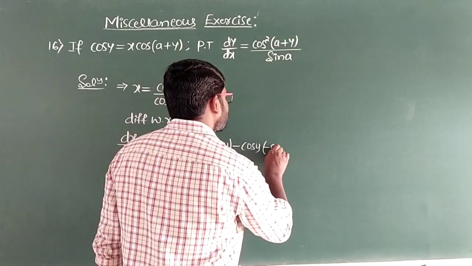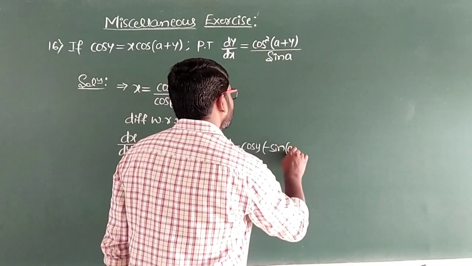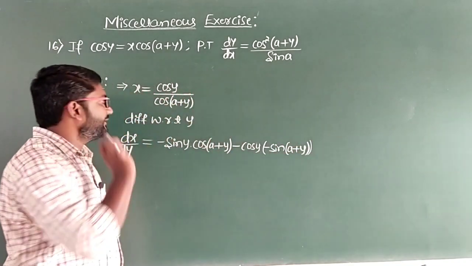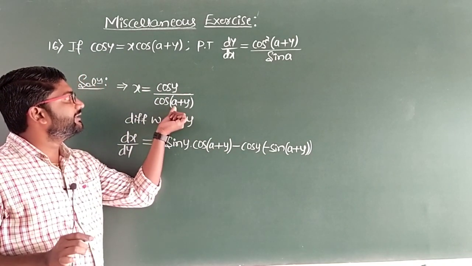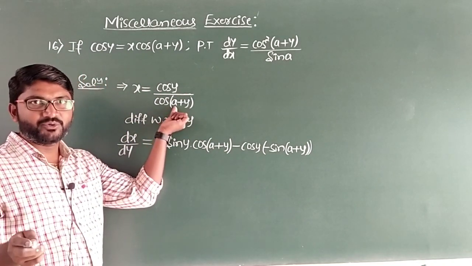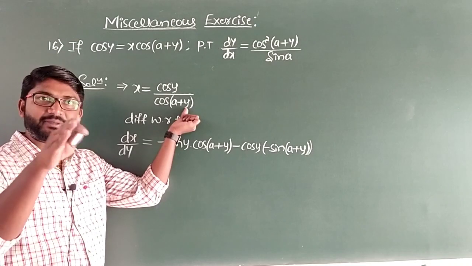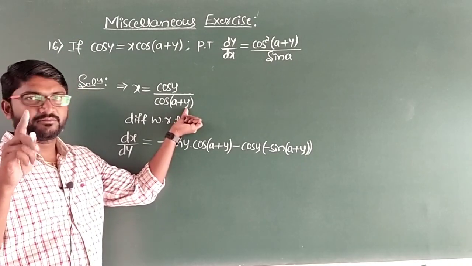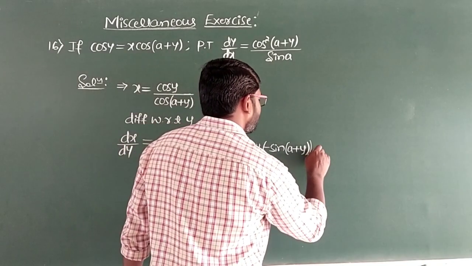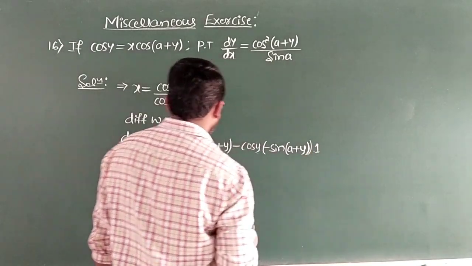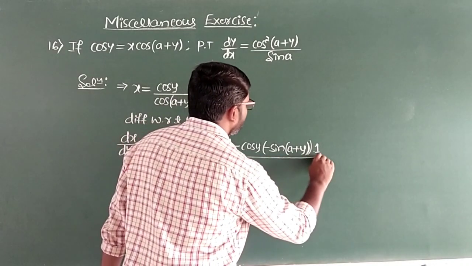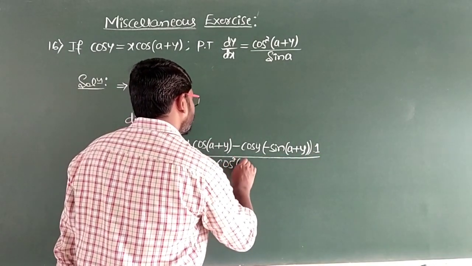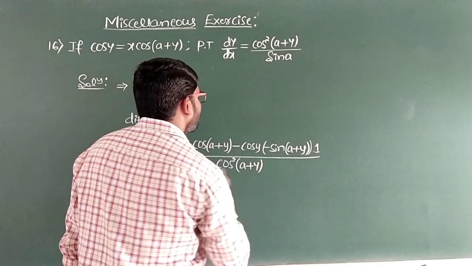And derivative of a plus y, derivative of a it will be 0 and derivative of y with respect to y, it will be 1. So I'll write 1 here. Then whole divided by v square, that is cos square a plus y.